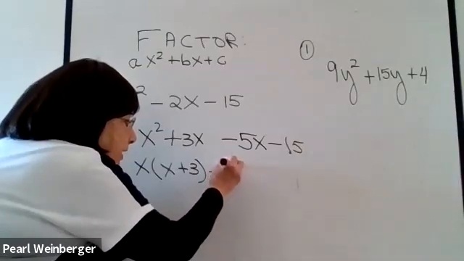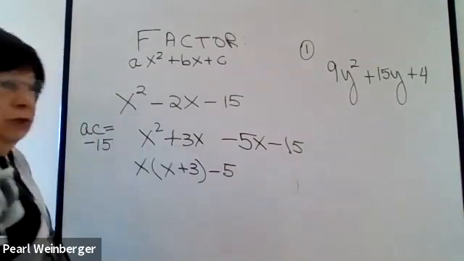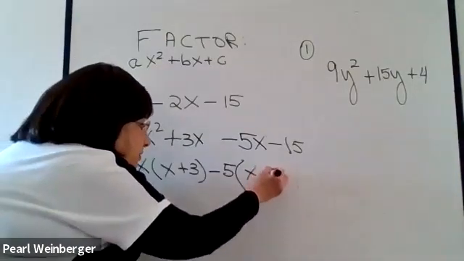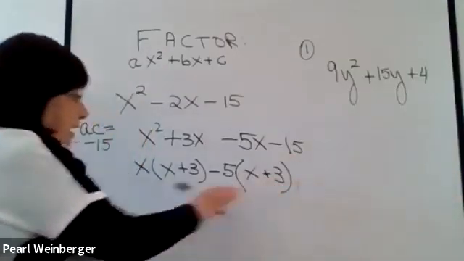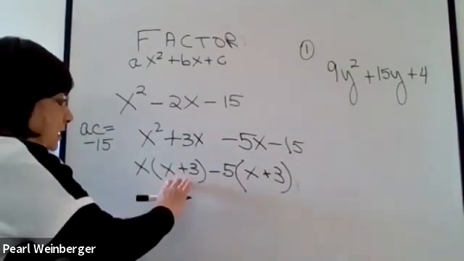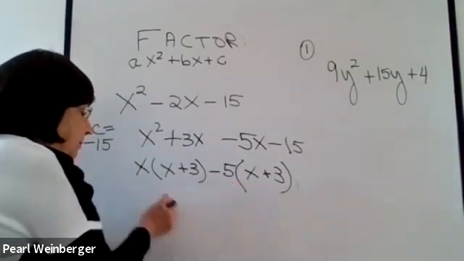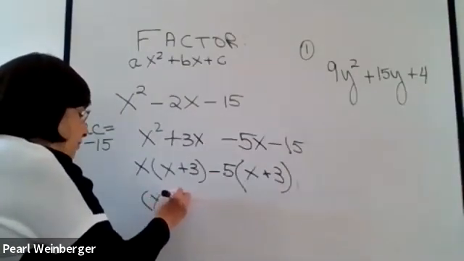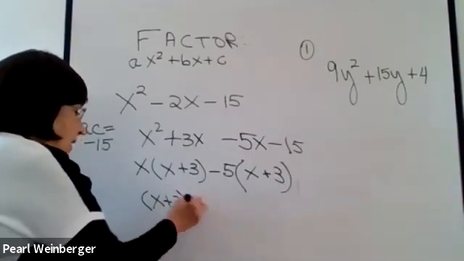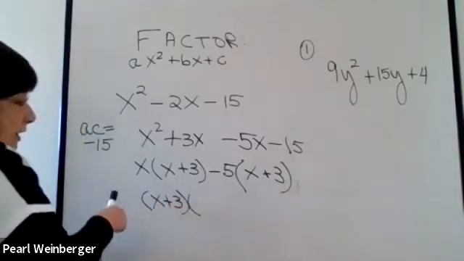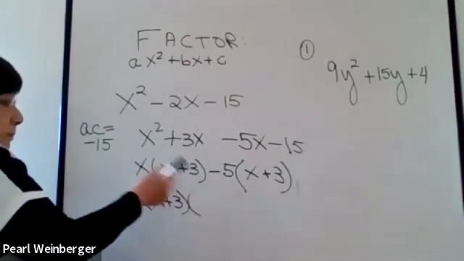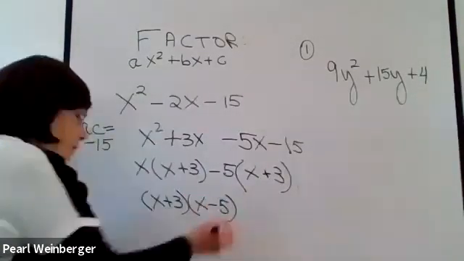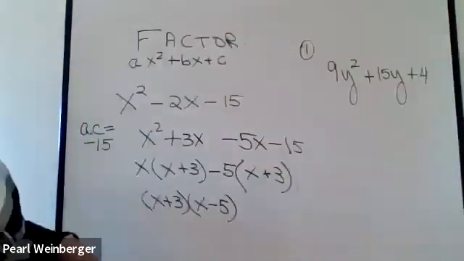My common factor is -5. -5 into -5x is x. -5 into -15 is +3. Notice, I know I'm on the right track because I have an x plus 3 in both parentheses. I put that in front. And in my second parentheses, I put the numbers that are on the outside, the x and the -5.